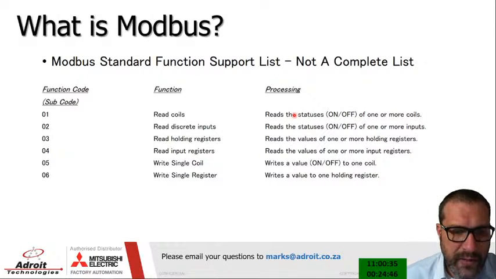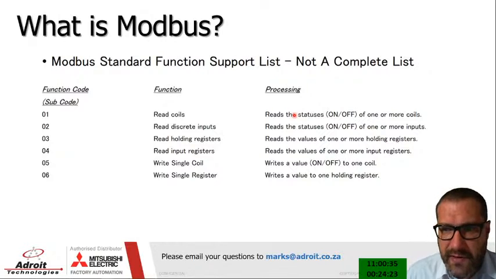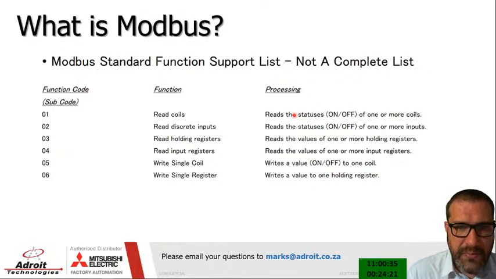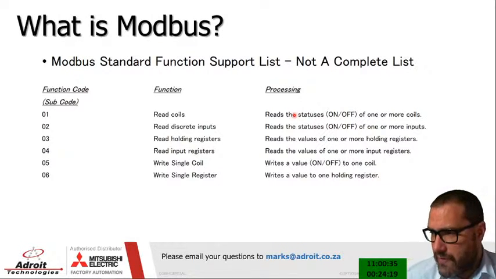Then you write your single register, which is subcode 06; those are also your 40,000 and whatever registers. These are important. I'll especially show you guys later on subcode 03, which is read your holding registers, and write single register, subcode 06. Keep that in mind because I will be showing this to you as part of the video.